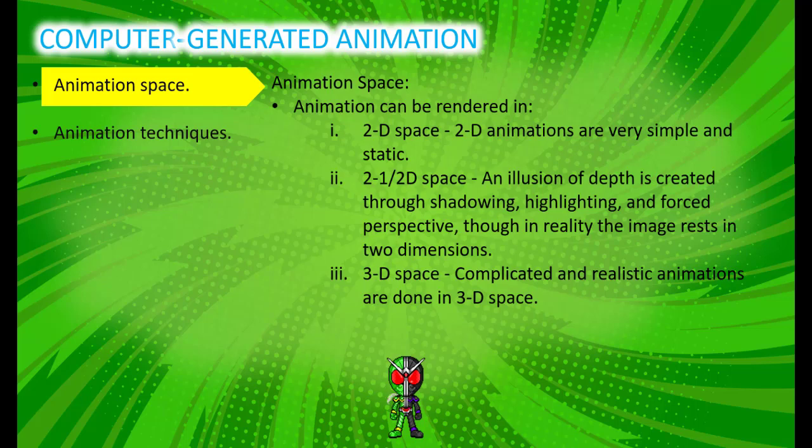Moreover, path animation in 2D space increases the complexity of an animation and provides motion. It changes the location of an image along a predetermined path or position during a specified amount of time or speed.